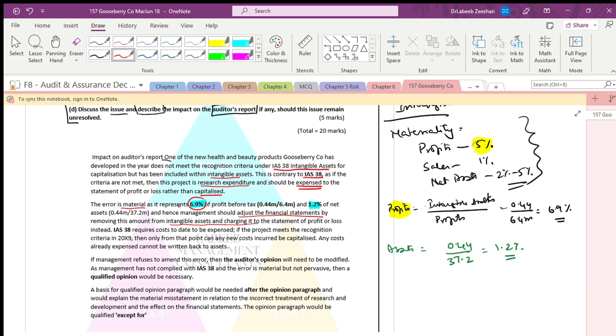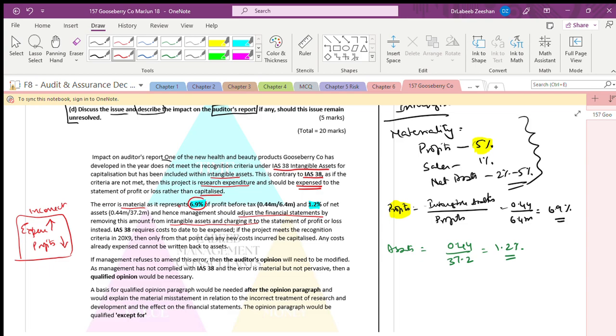Otherwise, what will happen? If we expense it, expenses will increase and profits will decrease. It is incorrect to leave it as it is.